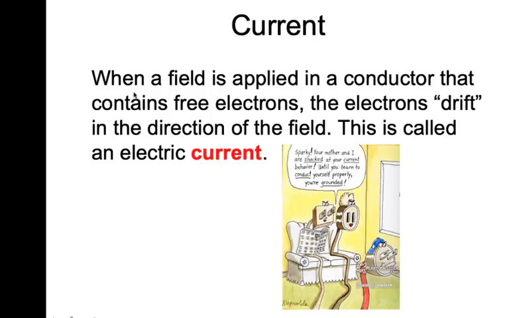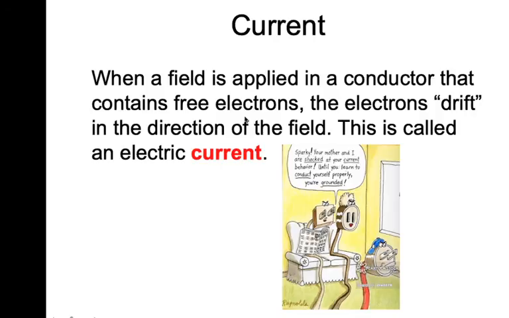When a field is applied in a conductor, right, we're talking about an electric field here, that contains free electrons, the electrons drift or kind of travel in the direction of that field. And we call the movement of electrons electric current. So you need to have an electric field acting on something like a conductor that contains free electrons.